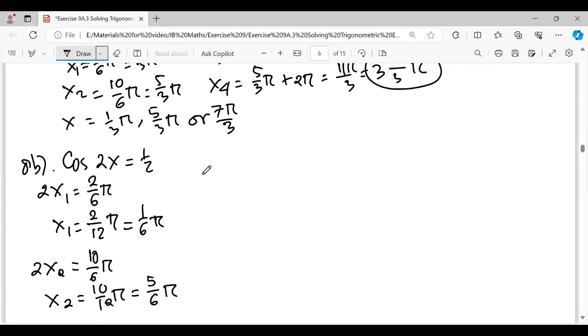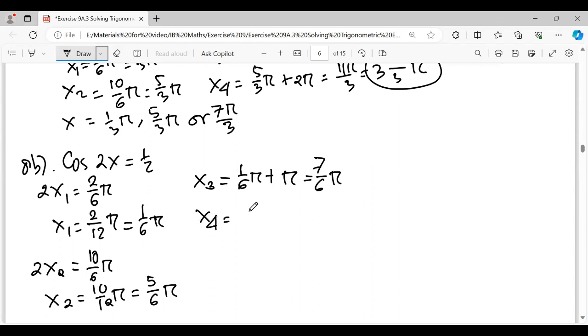Now x third. We're going to check one by one until 3 pi. 1/6 pi plus pi is 7 over 6 pi.